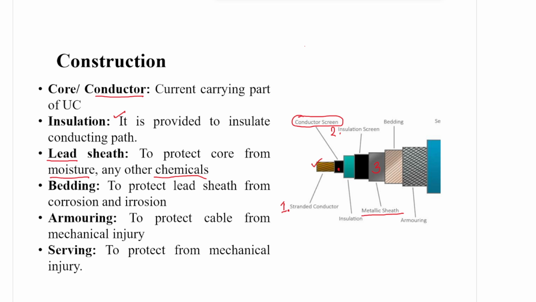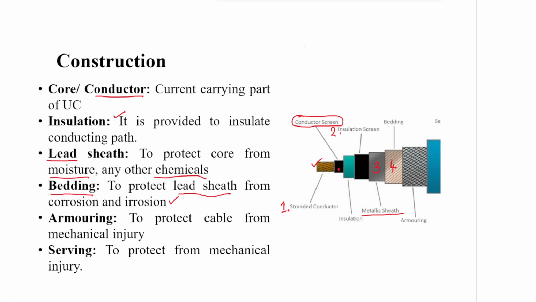Now, over the lead sheath, we have another layer called bedding. It is mainly provided to protect the lead sheath from corrosion and erosion, as the cable goes below the ground and goes through various corrosion and erosion processes with the soil.